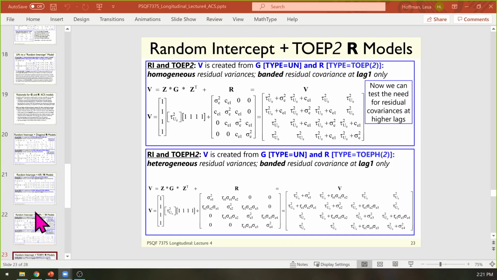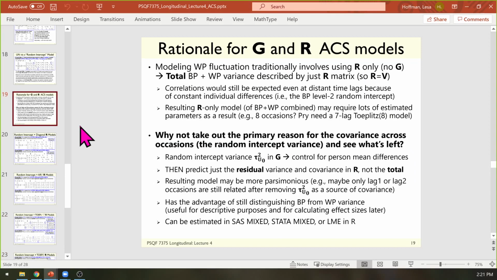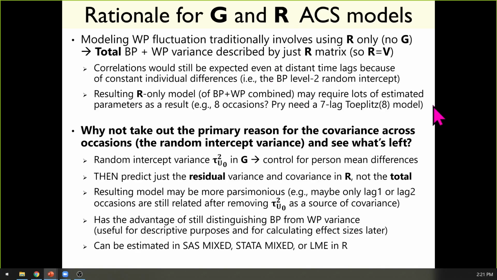Okay, so then, backing up just to hit the big picture, because it's very easy to get lost in the details of this and the terminology. The big picture is that we are trying to, let me get the slideshow going here. This is slide 19. What we are trying to do is for data that show within-person fluctuation specifically.